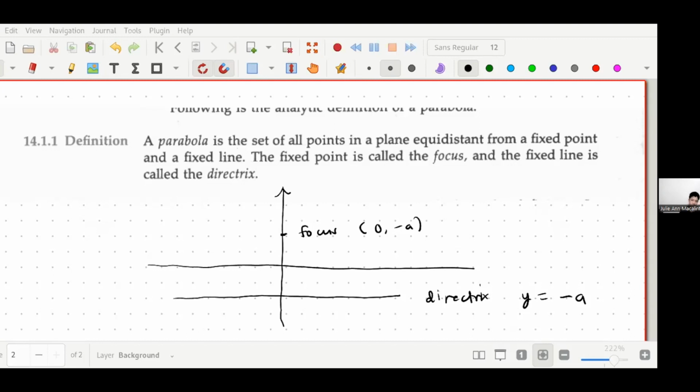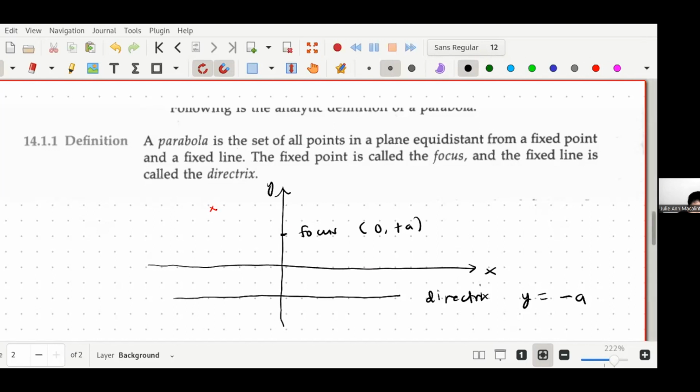Okay, so pwedeng paki-set up. So start and then gusto ko makita yung setup. I want to see the algebra. Now you start from this one, from the directrix at y equals a, and the focus at 0, positive a, and then use the distance formula to set up the equation using this definition. Let's choose a specific point.